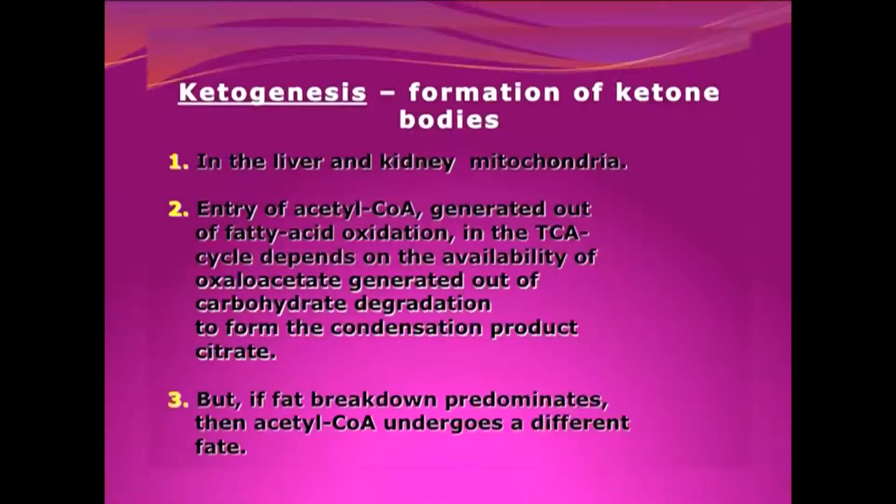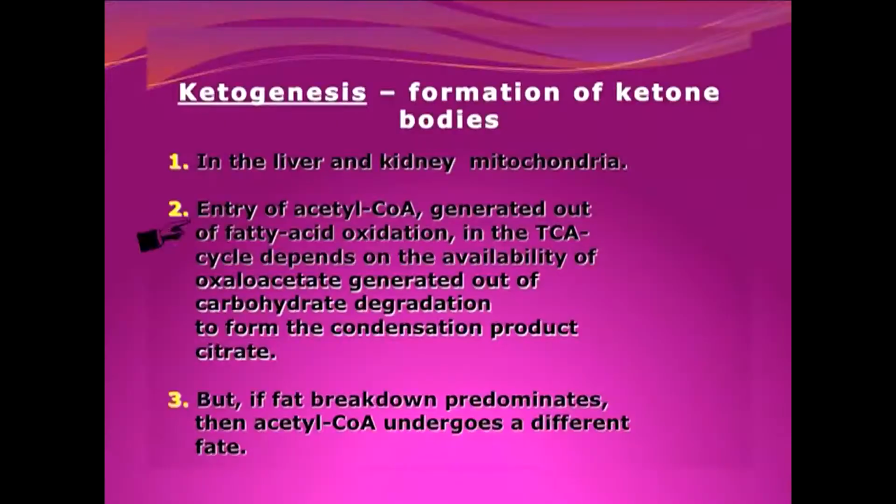Ketogenesis is defined as the synthesis of ketone bodies in the liver and kidney mitochondria. Now, we have to learn when ketogenesis takes place. When carbohydrate metabolism and fatty acid metabolism are perfectly balanced, then ketogenesis doesn't take place. It happens only in case of a poor carbohydrate metabolic pathway.